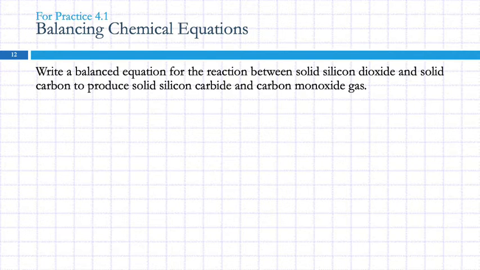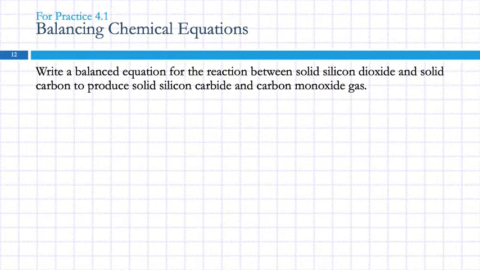So the way these problems are set up, we're going to get some practice in nomenclature, okay? So write a balanced equation for the reaction between solid silicon dioxide and solid carbon to produce solid silicon carbide and carbon monoxide gas.